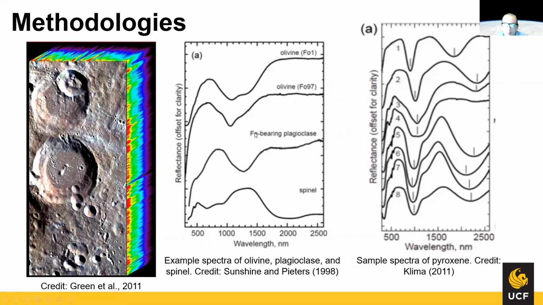And their absorption depths, their band centers, and the band widths can all be influenced by a wide variety of factors. We primarily focus here on the 1 and the 2 micron wavelength bands in these visible and near-infrared spectra, because these are the regions that tend to exhibit absorptions in mafic minerals due to the occurrence of iron in the M1 and M2 crystallographic sites.